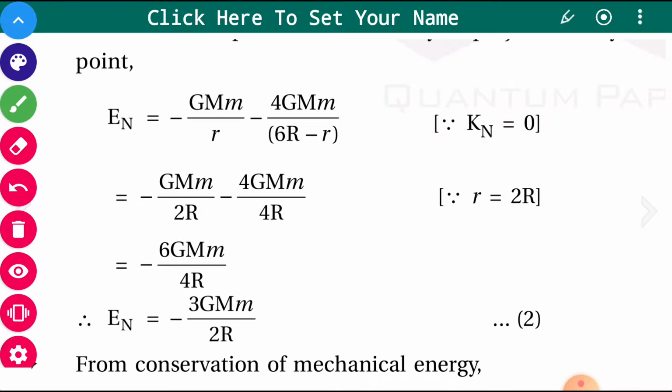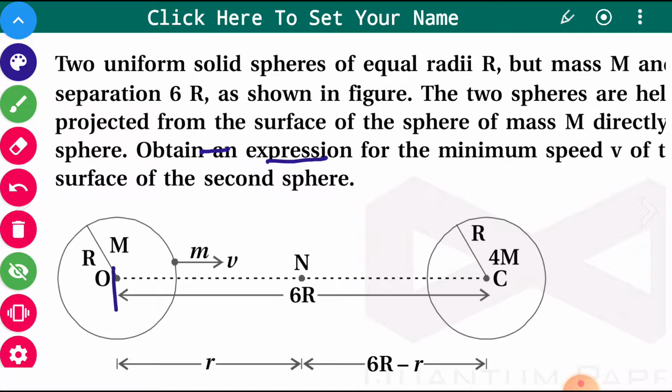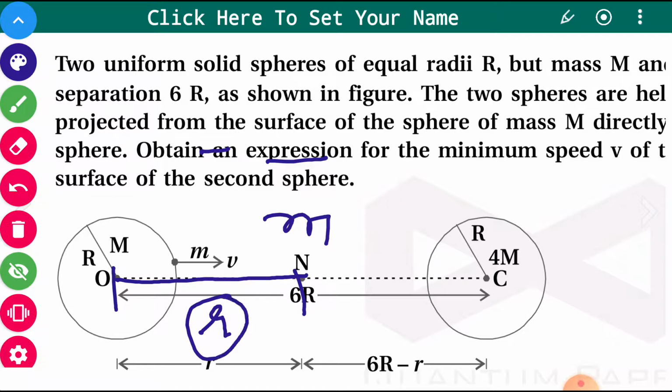Now at neutral point you consider, it will be minus GMm upon small r, and minus 4GMm upon 6r minus r. Because at neutral point, try to understand, neutral point is at distance small r. So distance of the mass at neutral point from first sphere is r, and the distance from the second will be 6r minus r because total distance is 6r.